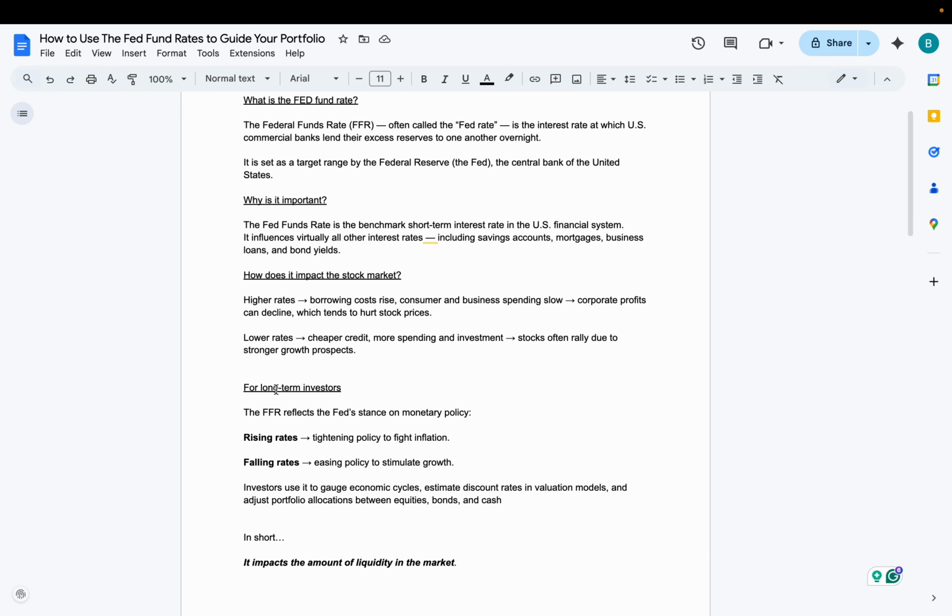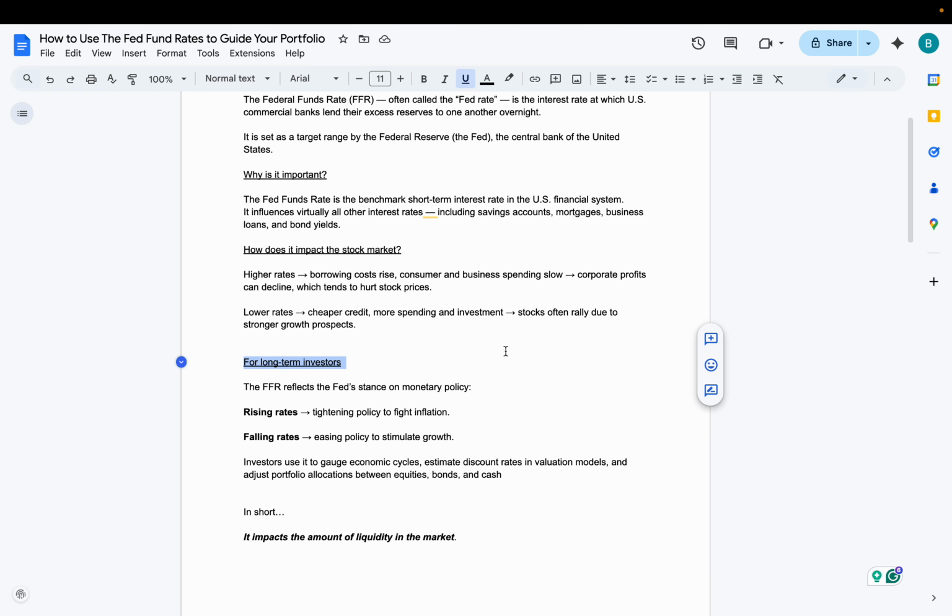So for long-term investors, the Fed fund rate reflects the Fed's stance on monetary policy. Rising rates mean a tightening policy to fight inflation, so they're entering a quantitative tightening kind of environment. They raise rates to fight inflation, and when they cut rates, it's usually an easing approach to stimulate growth.